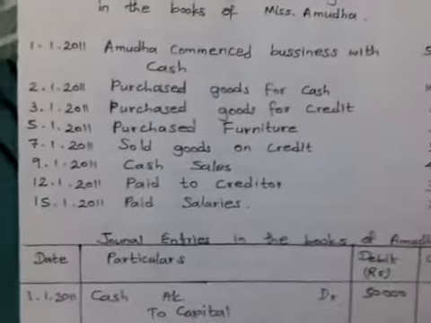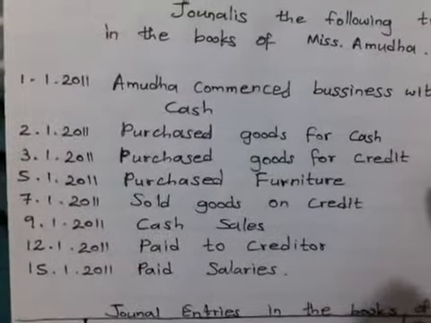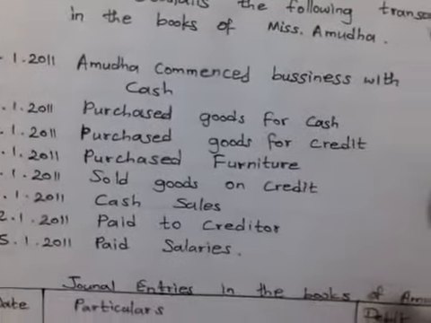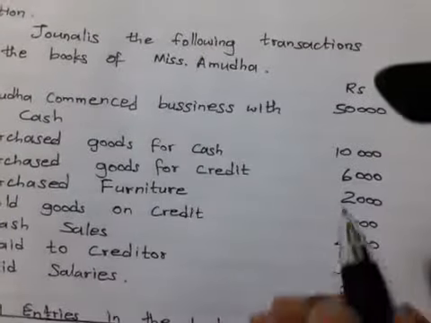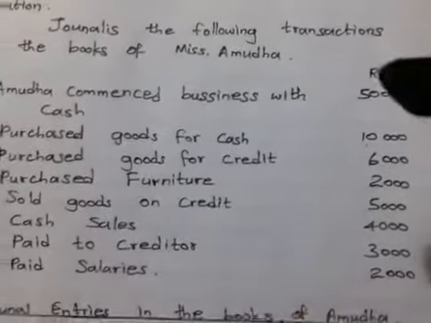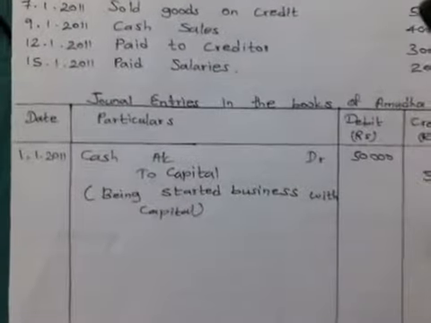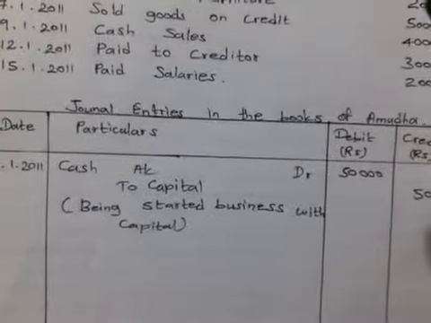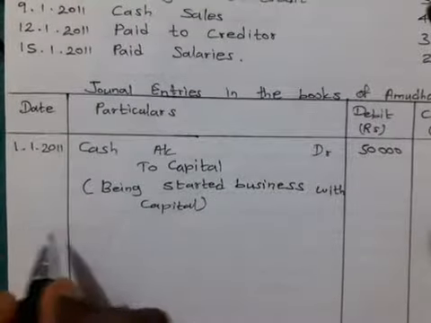Next transaction. The second one is on 2nd of January 2011, purchased goods for cash 10,000. In this case we are purchasing goods and paying cash, so cash reduces.